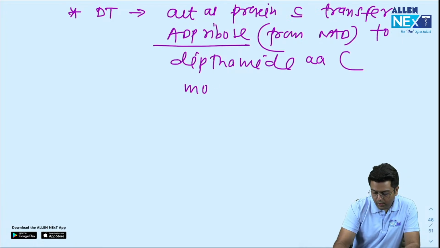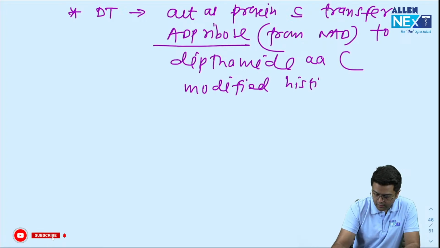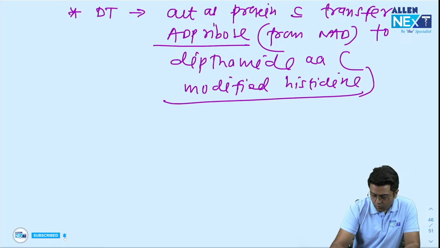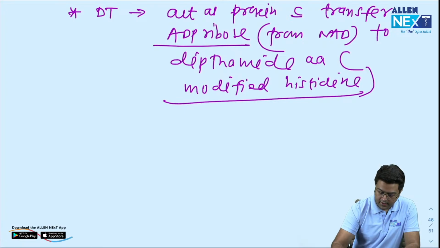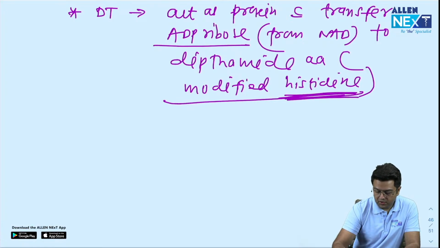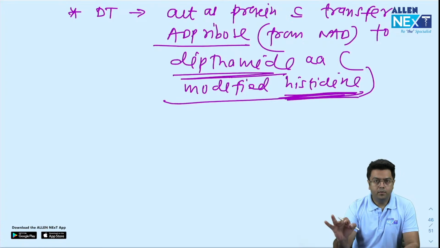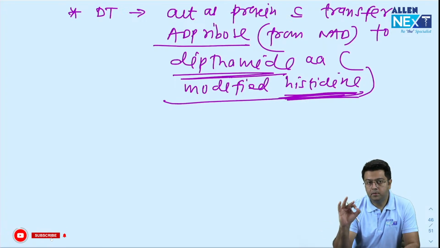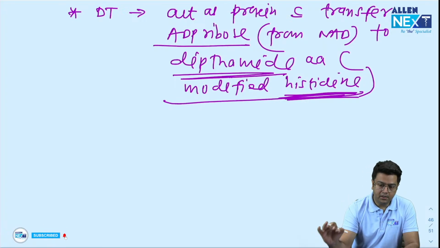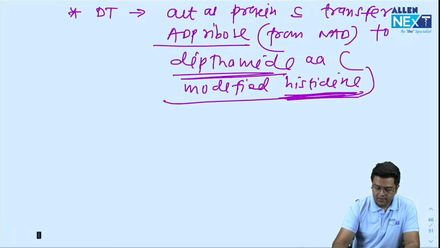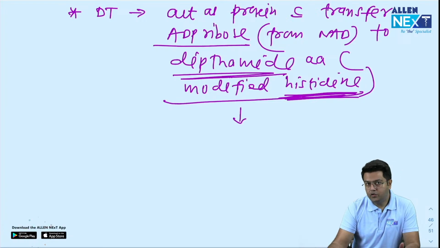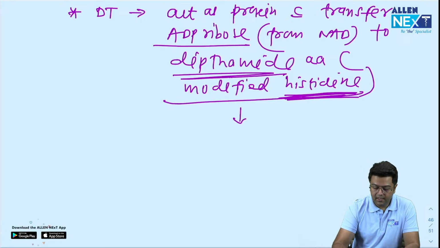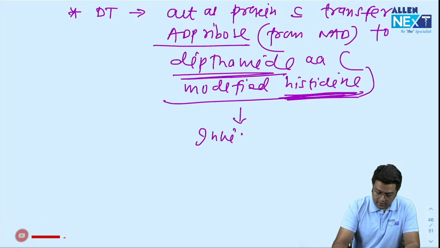Guys, what is diphthamide amino acid? This is a modified histidine. You must remember this, that this is a modified histidine. What is the name? Diphthamide. No other protein in human beings has been identified to have diphthamide. So ADP ribosylation of this histidine is happening, and this inhibits the protein, right?